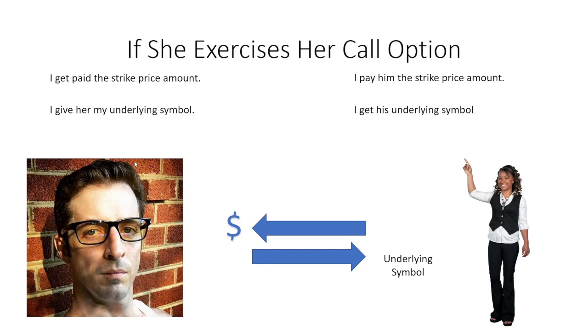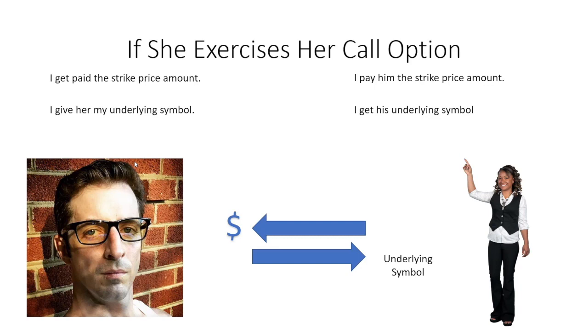What else could I do? Well, I could have a lot of excess cash. And if I have a lot of excess cash, if they come a knockin', I can quickly buy the stock, or the underlying symbol, I should say, at whatever going rate it's going for, and then turn it over.